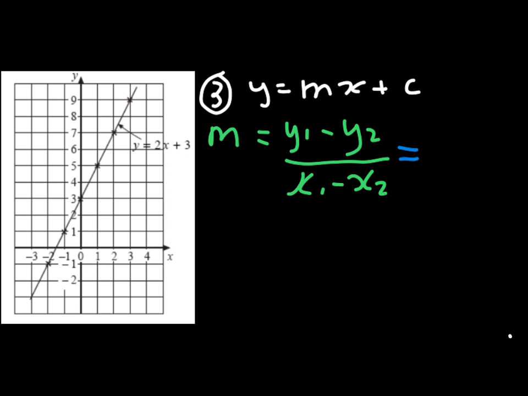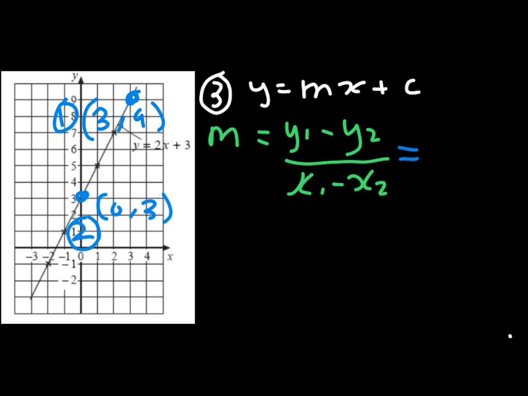So for the sake of this example, I'm going to pick this point over here, which is 3 and 9, as well as this point over here, which is 0 and 3. So we can let this be our point 1, which would mean that this is our point 2.